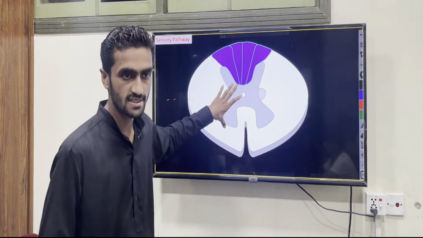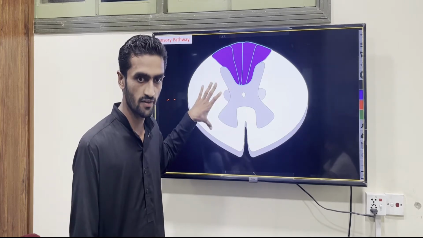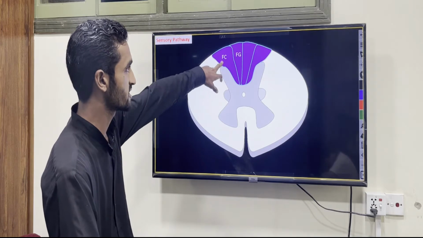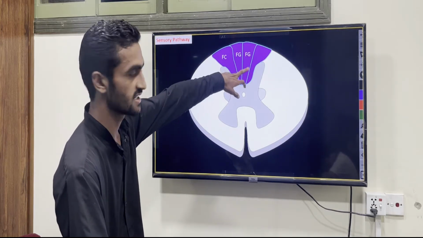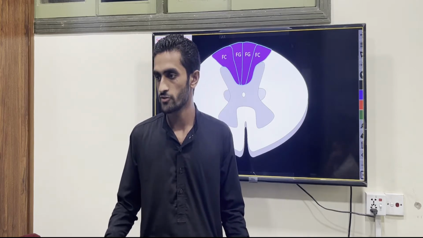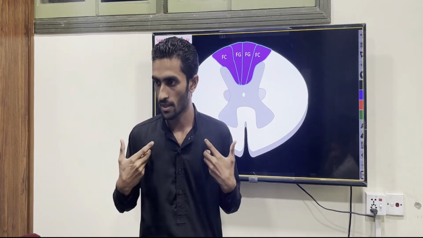Here is the gray matter, here is the white matter. Our concern is the sensory pathway. This is fasciculus cuneatus and gracilis. Fasciculus gracilis is associated with the lower limb, and the cuneatus is associated with the upper limb.